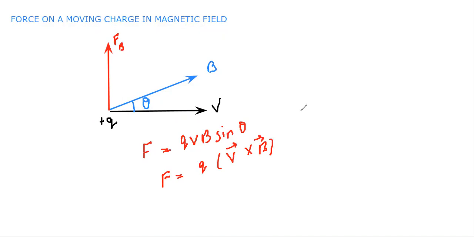Now let us take a case: if theta is 0 or 180 degrees, that means the charged particle is entering parallel or anti-parallel to the magnetic field. In that case, this force will become 0. So there will be no force acting on that charged particle if it enters the magnetic field parallel or anti-parallel to the direction.